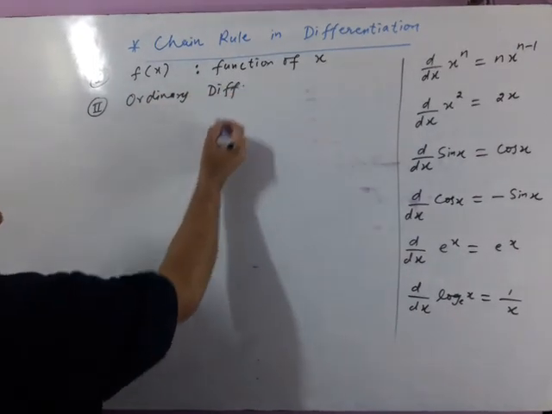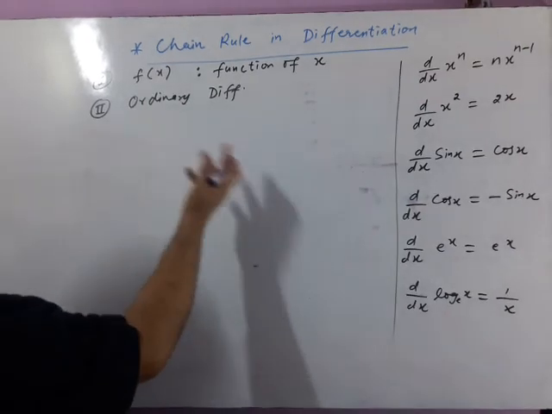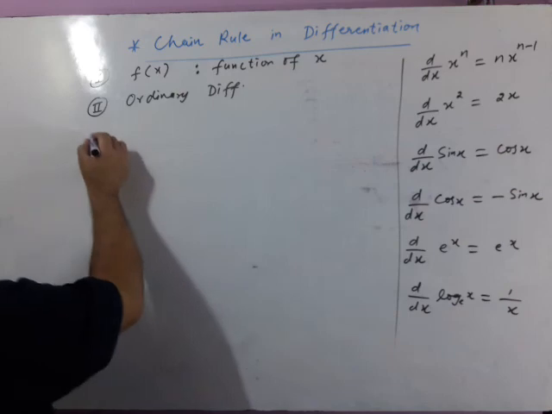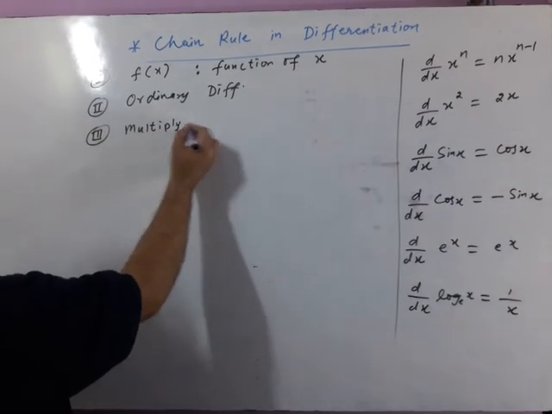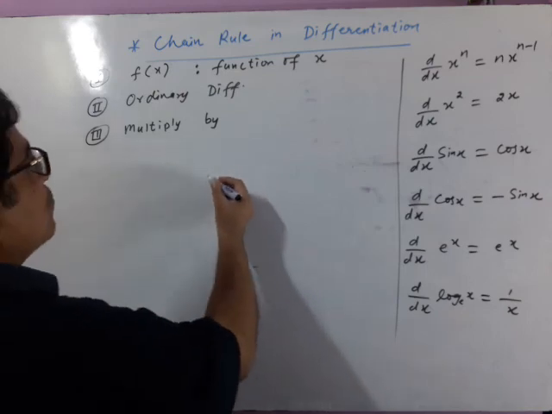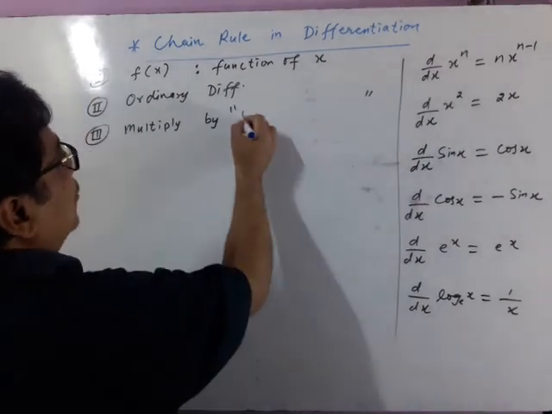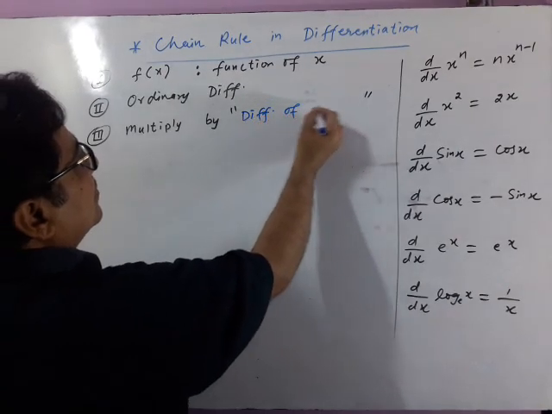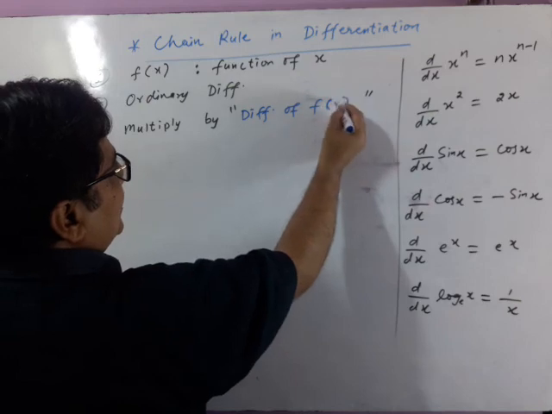I am telling you the process. Ordinary differentiation, like the ordinary formula. Part 3, then we multiply by the differentiation of the function of x.